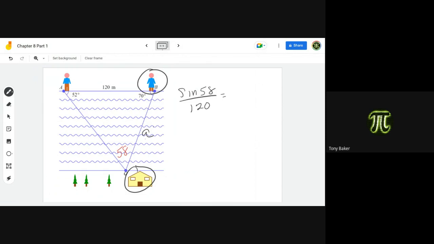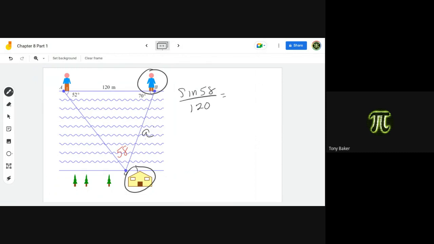This is one of those things that you can easily get confused, because I'm looking for Carmen, so I'm going to use angle 70. That's where the picture really helps. I'm looking for this side here. The angle opposite of it is the angle that is at Gordon, not Carmen. So I'm using the angle of 52.